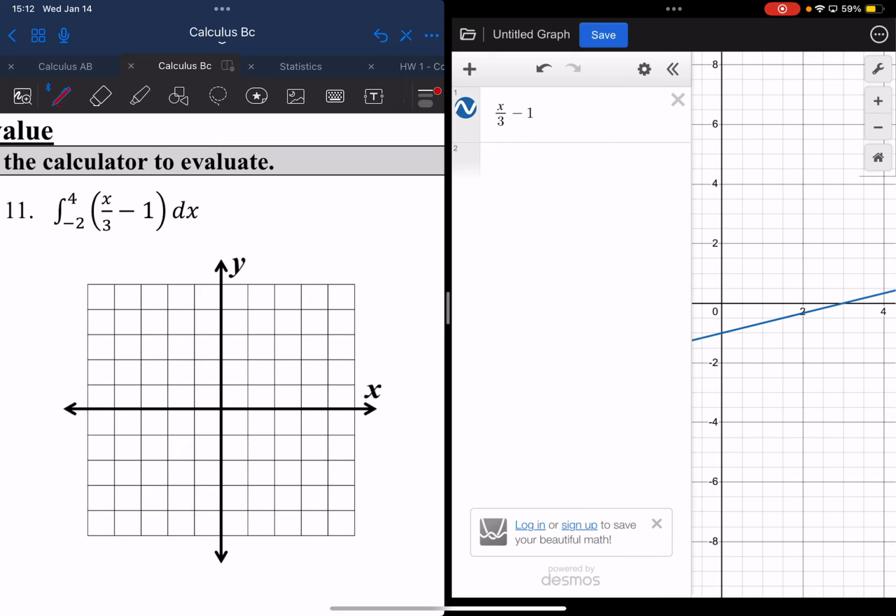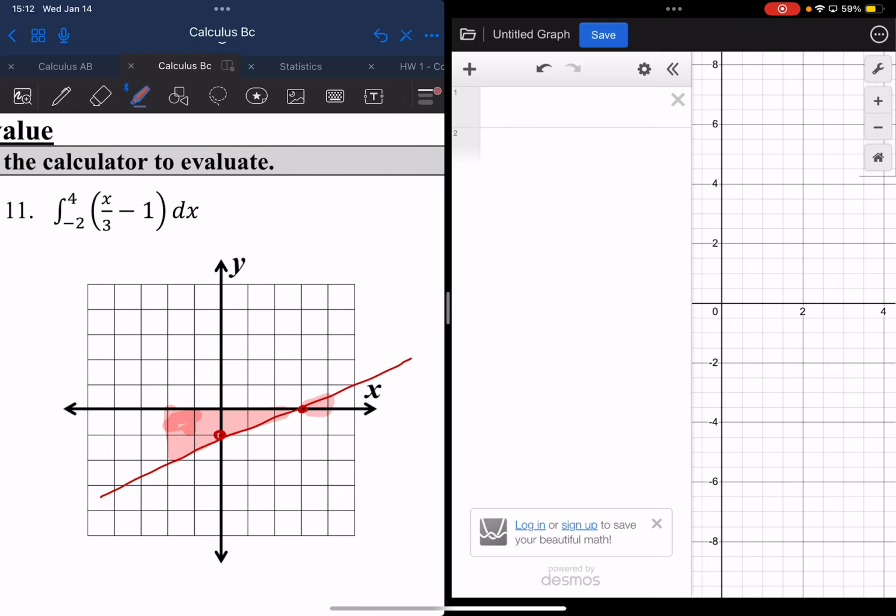It looks like it's crossing through -1 and 3, our linear equation there. And then we are looking at the area from -2 to 4, so it's that triangle and then this little tiny triangle up there.